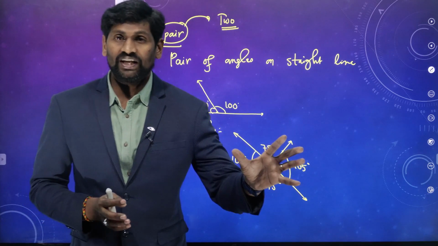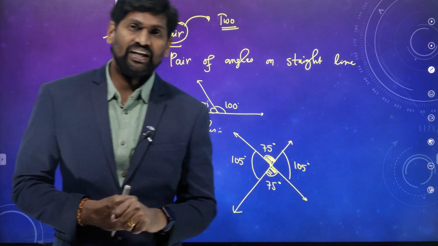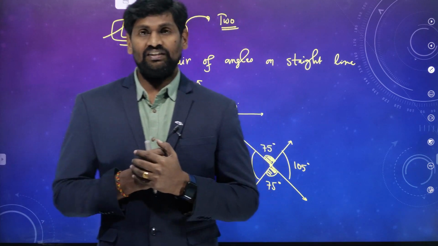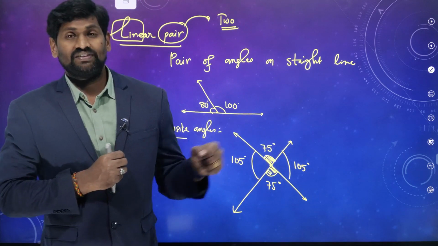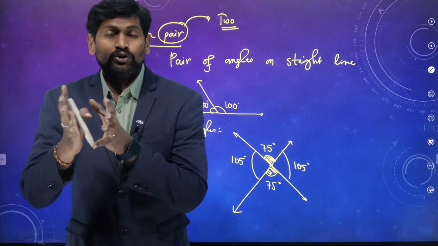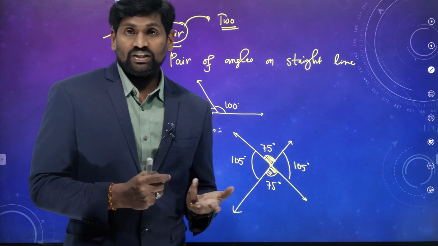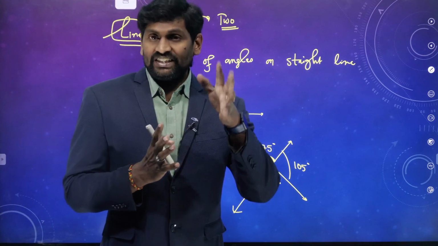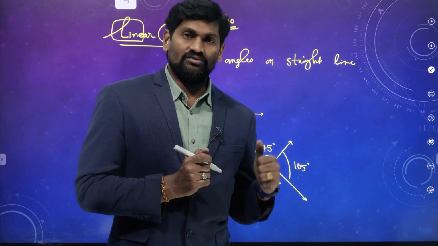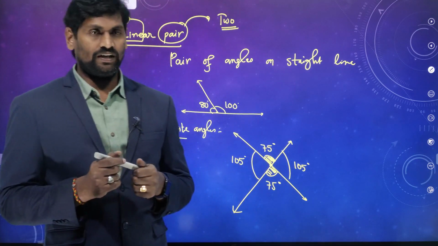That means complementary angles, supplementary angles, linear pair, vertically opposite angles. Then if you go to the transversal concept, there are multiple types of angles at the transversal, and each angle has a separate name. Okay, na? Yeah.